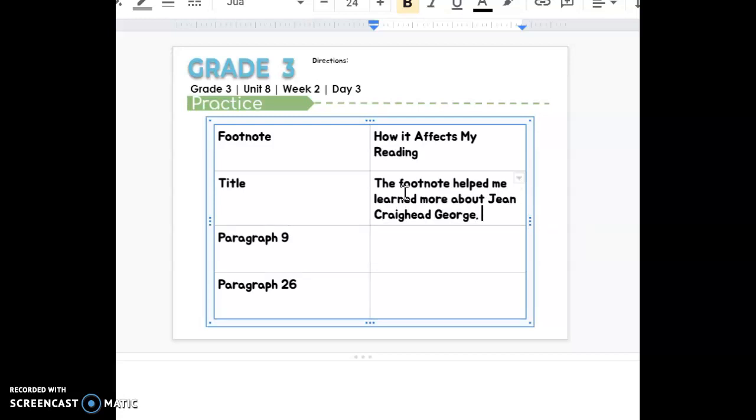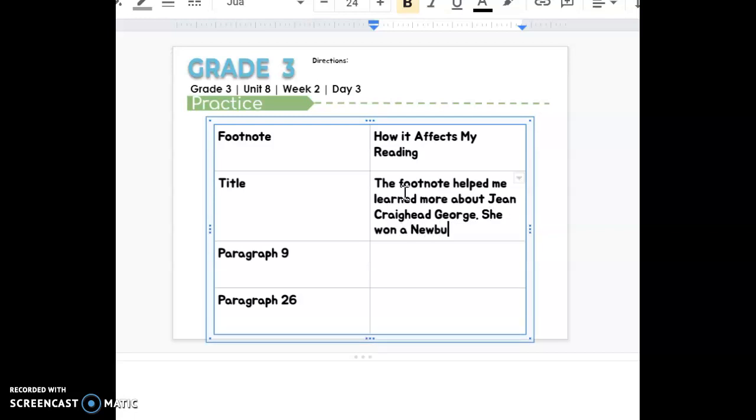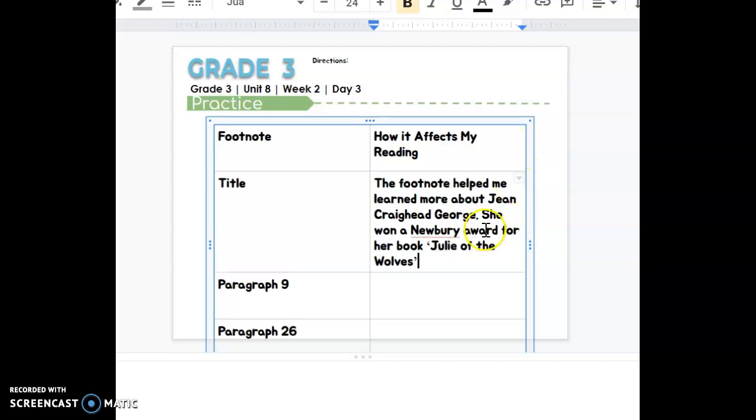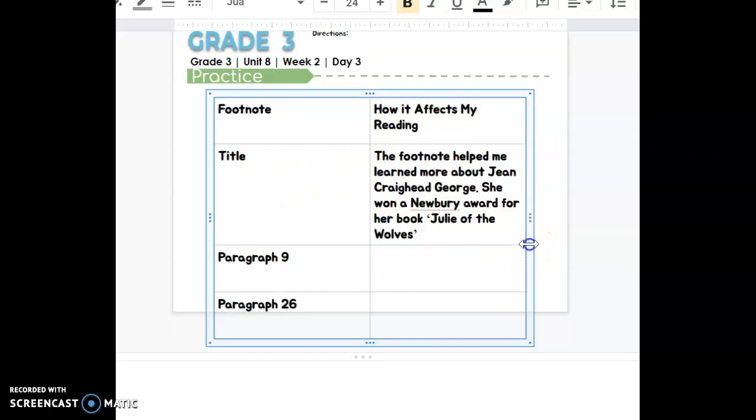One thing I learned about her was that she won a Newbery Award for her book, Julie of the Wolves. Okay, so this footnote gave me a lot of information.